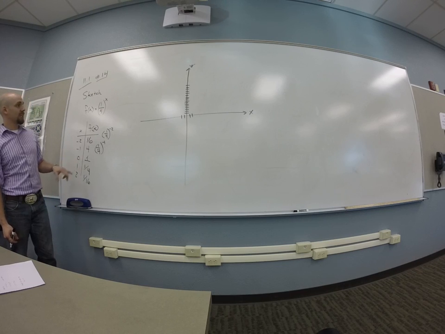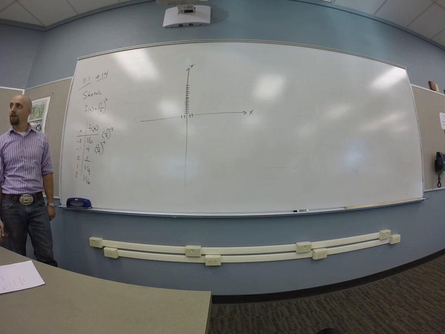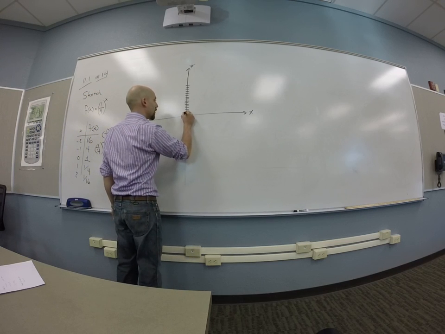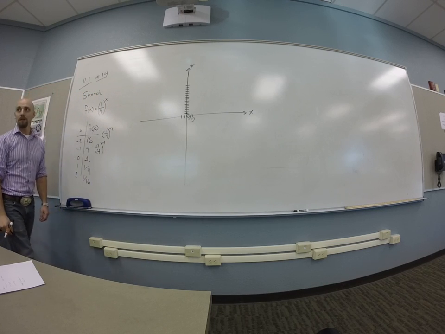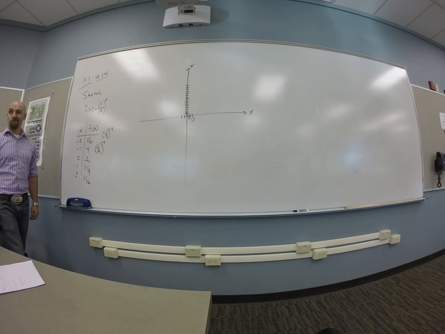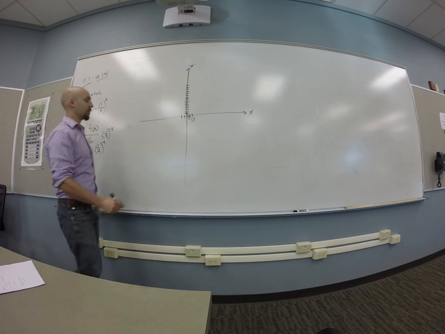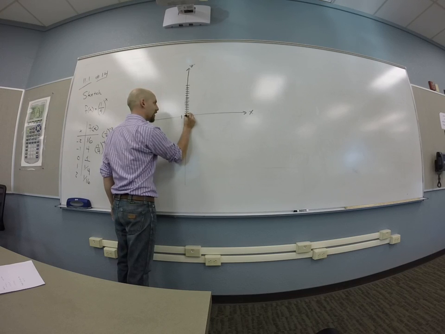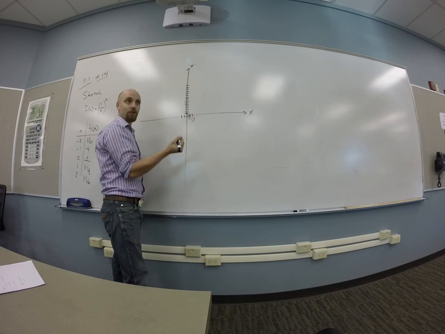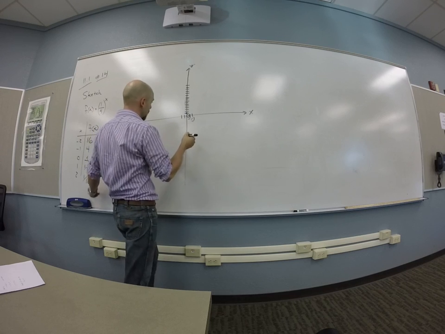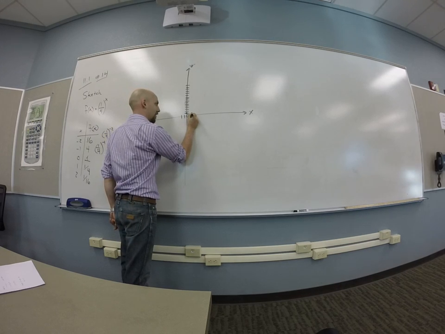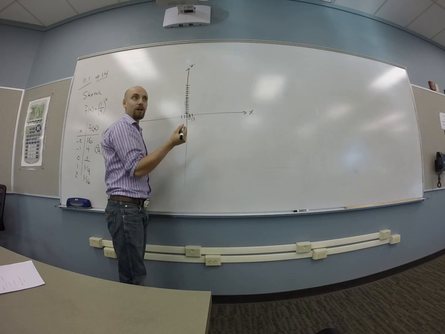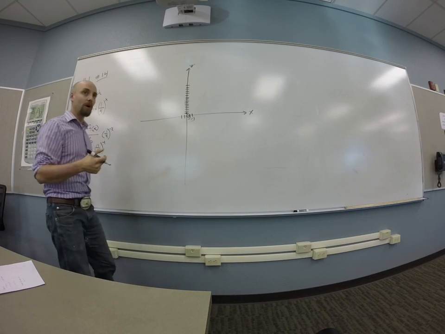What's the easy point to put on there? 0, 1. So there's the point 0, 1 on there. At 1, a quarter goes over 1, up just a little bit. At 2, 1/16 goes 1 further and then up even less. That one's kind of weird to draw in here, right? That's my small picture problem.